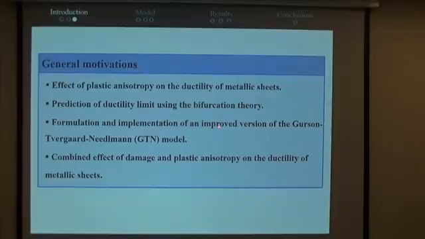Compared to the initial version of the GTN model, the improved version takes into account the plastic anisotropy of the dense matrix. So with the coupling between the bifurcation theory and the improved GTN model, we are able to study by numerical approaches the combined effect of damage and plastic anisotropy on the ductility of metal sheets.